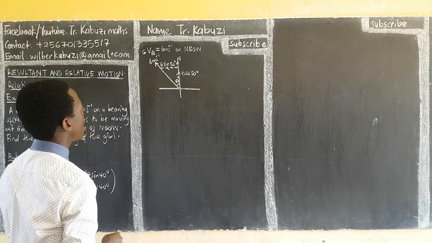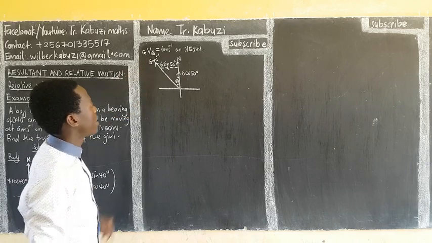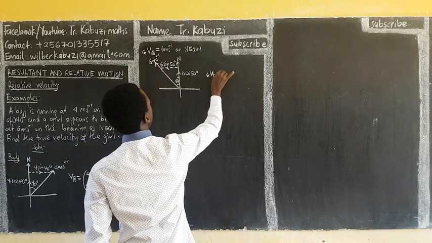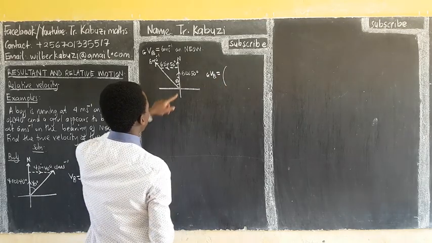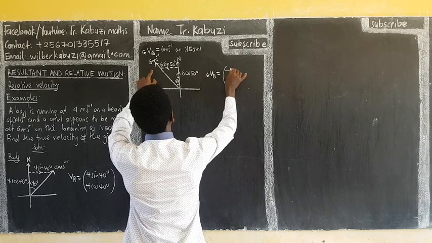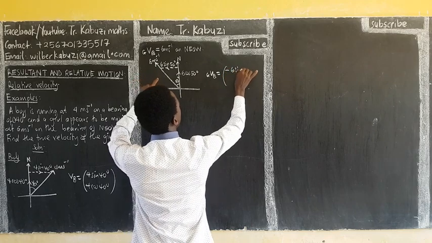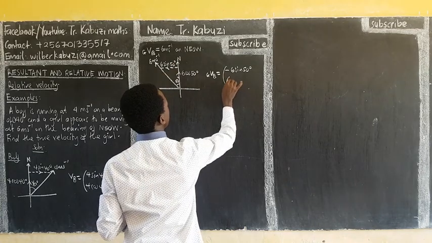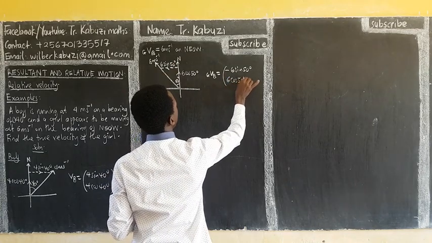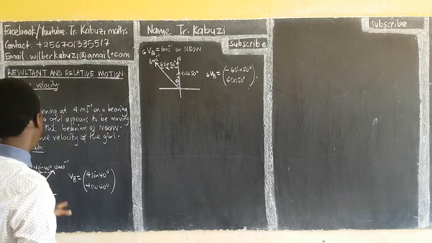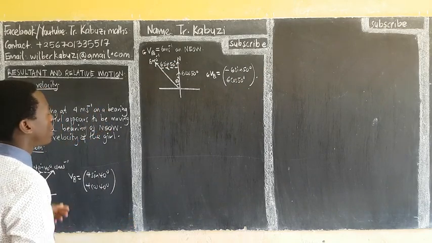So implying that VGB is given as, the x component is going inside, so it's negative, negative 6 sine 50 degrees. Then this one is going up, 6 cos 50 degrees. As simple as that. So we have that. So what is the true velocity of the girl?